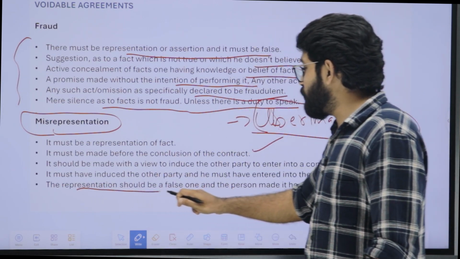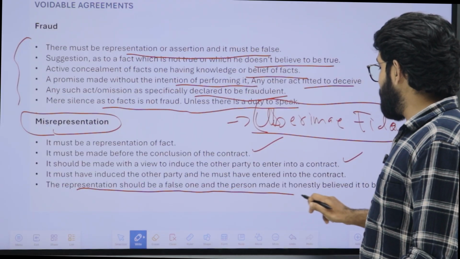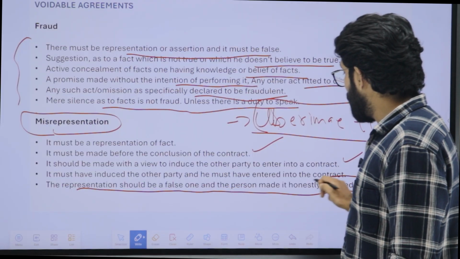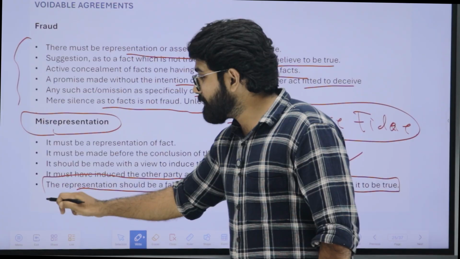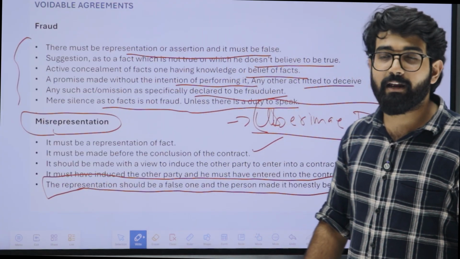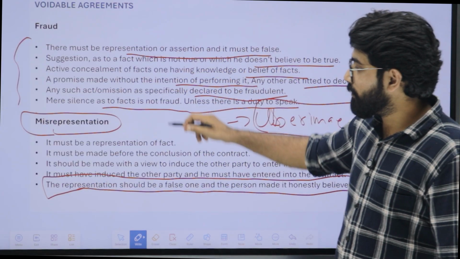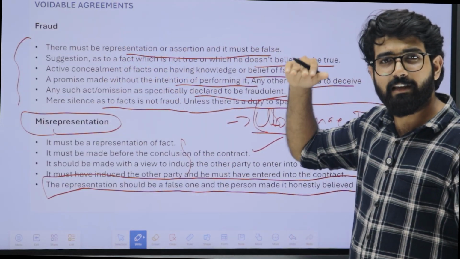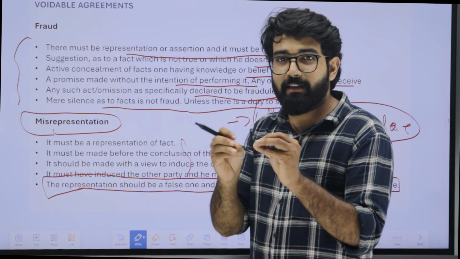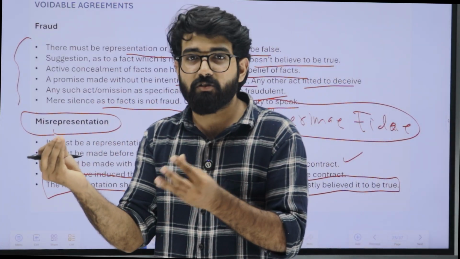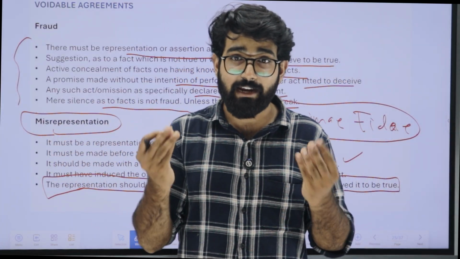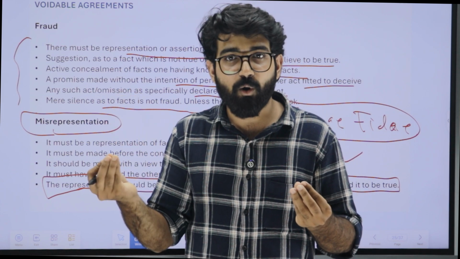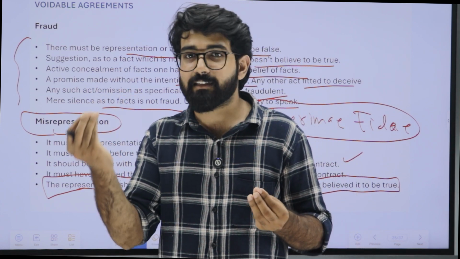The representation should be a false one, and the person who made it honestly believed it to be true. This is the one thing that separates misrepresentation from fraud. Everything else is the same as fraud. The one thing that separates misrepresentation from fraud is the idea that a fraudster already knows he's lying.